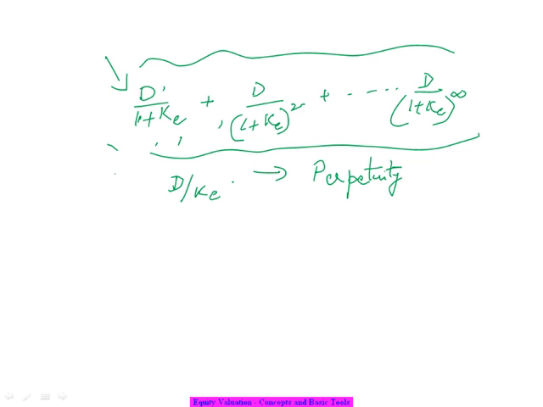D by Ke is the annuity forever, which is equal to perpetuity.